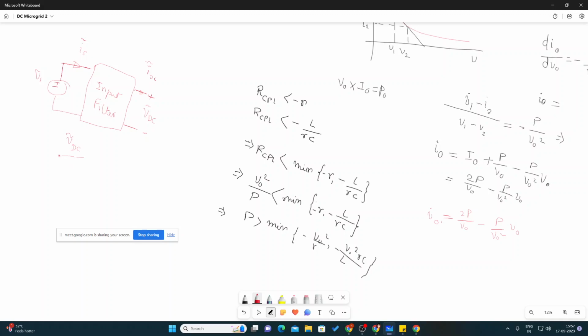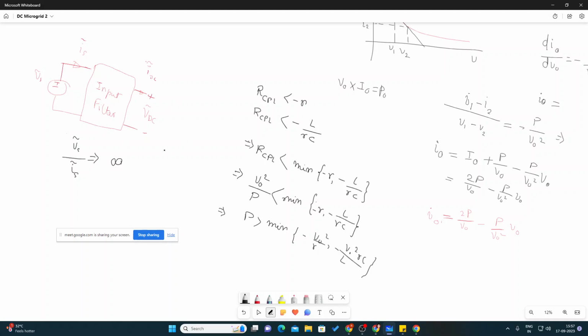VDC tilde by, no, not VDC tilde, VS tilde by IS tilde, this should be infinite.